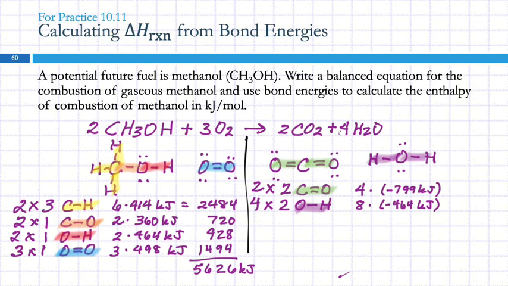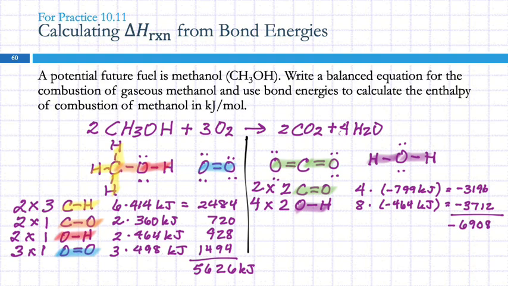Negative 799 times 4, negative 3196. 8 times negative 464, negative 6908. Did I do that one right? Mm-hmm. Phew. A little worried about myself there.